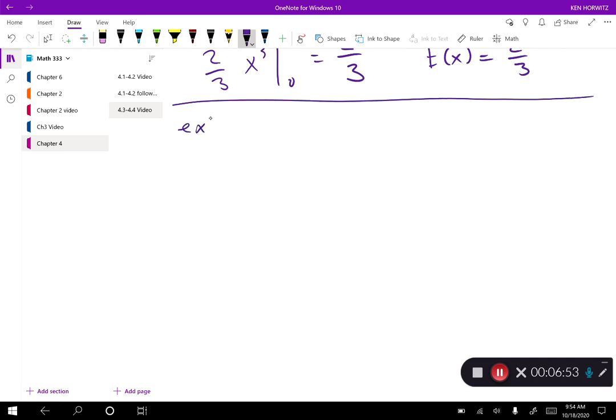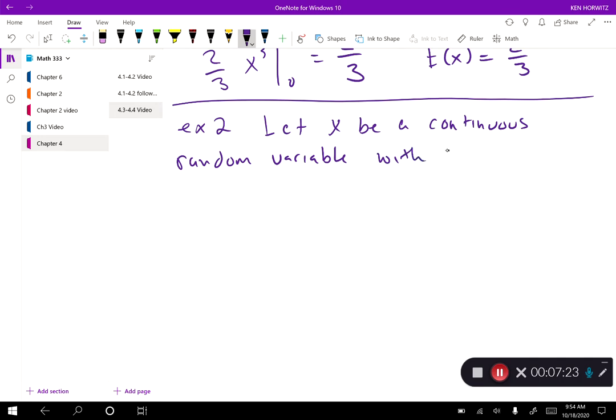All right, so example 2. Let x be a continuous random variable with a PDF of, here's my f of x, 3x minus 4, when x is just greater than or equal to 1.